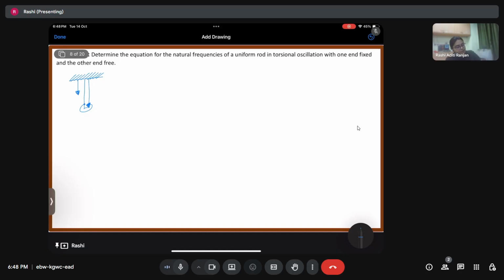So I'll just write the expression for theta, which is going to be nothing but A sine of omega under root rho by G into x plus B cos omega under root rho by G into x, into again C sine of omega t plus D cos of omega t. Okay, this is the expression for theta.